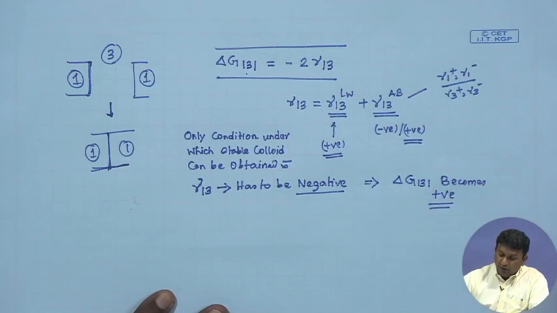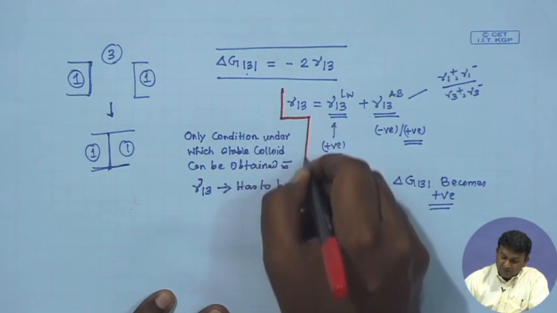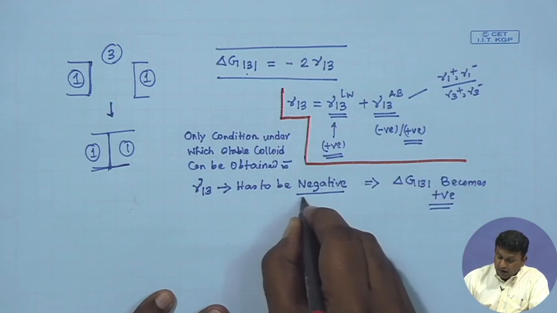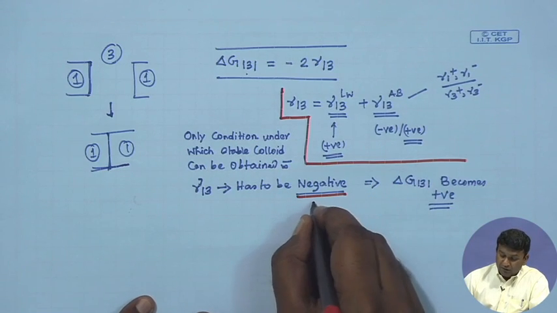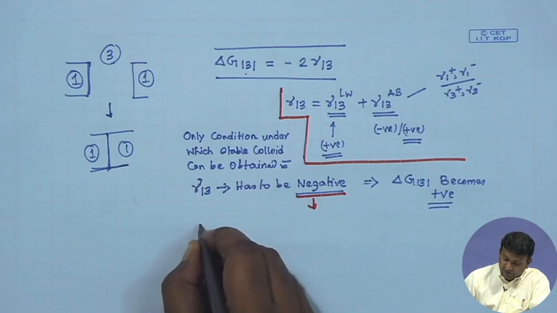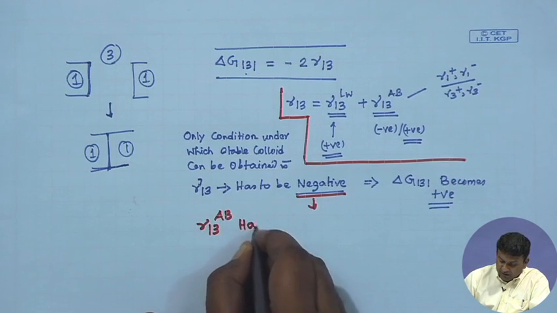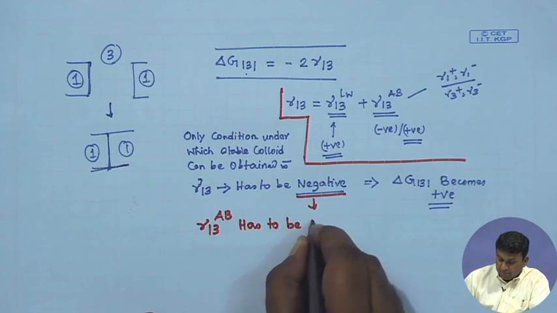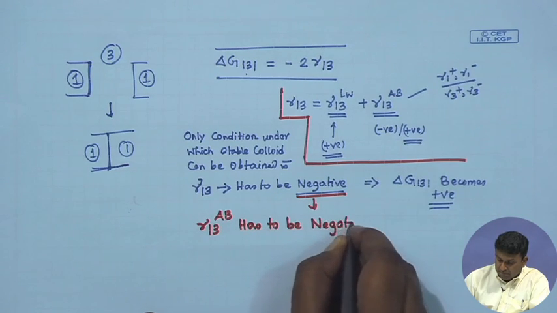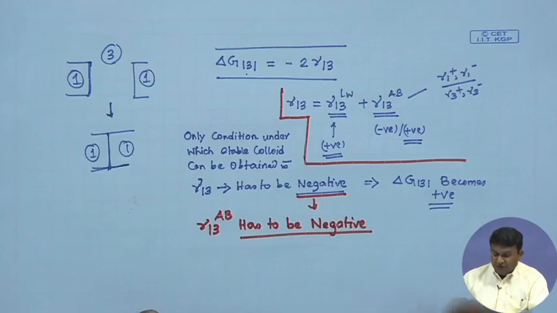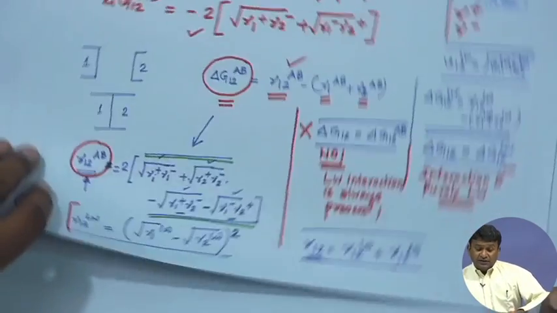And now we look again, considering all the concepts we have built slowly, at how this can be negative. So, the necessary condition for this to be negative is, of course, that gamma 1 3 AB has to be negative, and now you also understand under what condition this is possible.